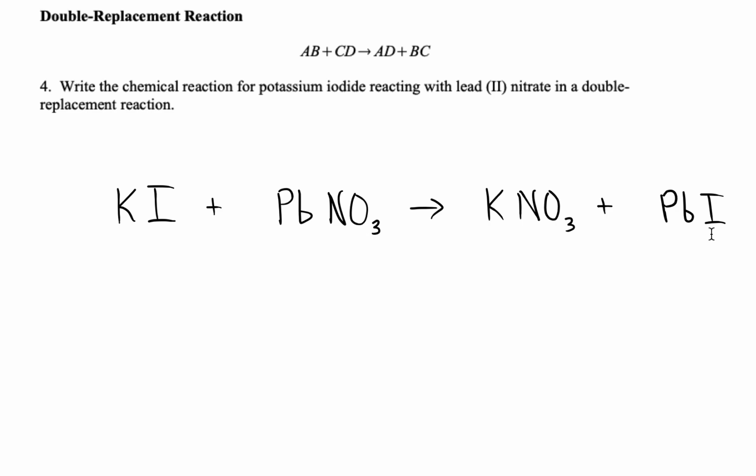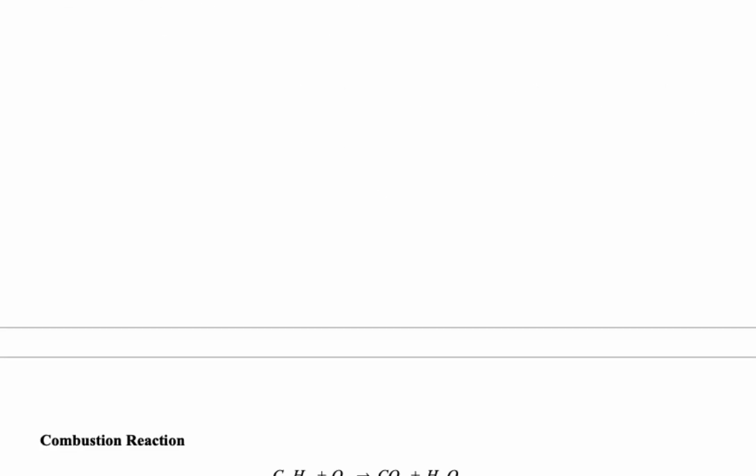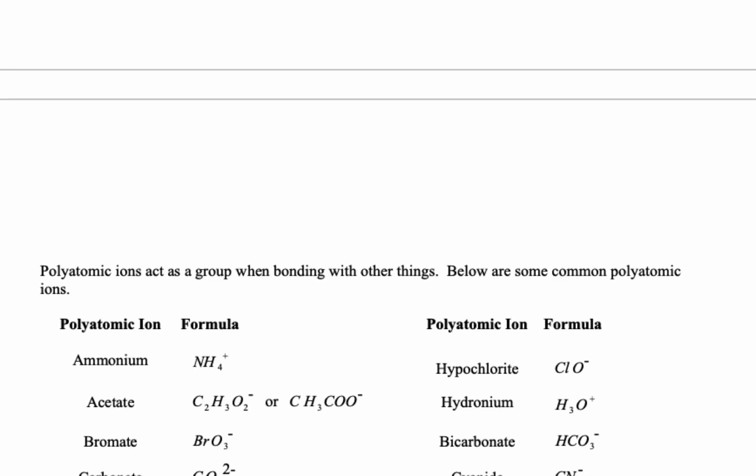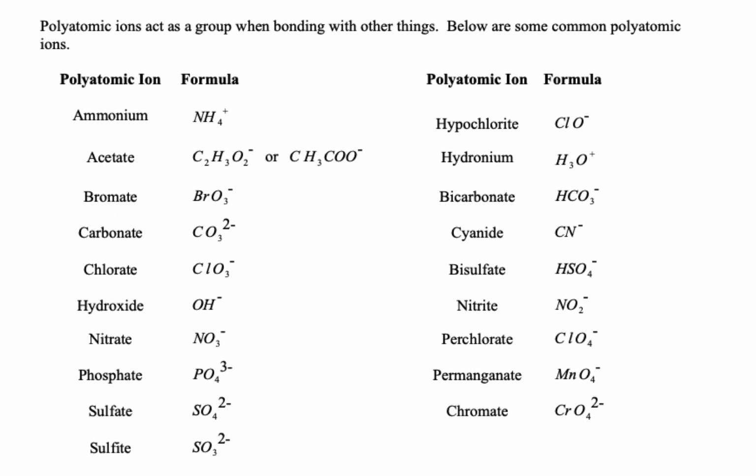When it comes to lead nitrate, we want to know what does nitrate normally do when it bonds with things. So if we go down here to a table of polyatomic ions, we can see that nitrate normally forms a -1 ion, meaning it will accept 1 electron.